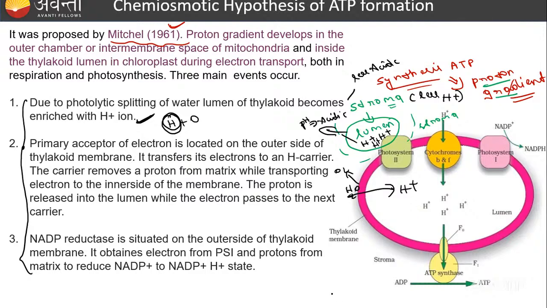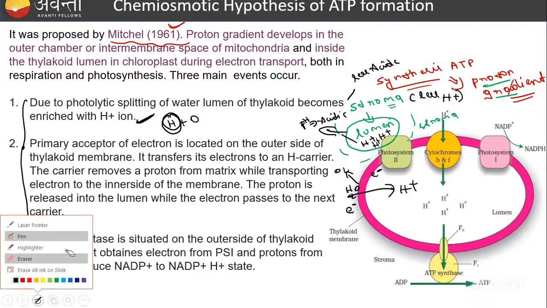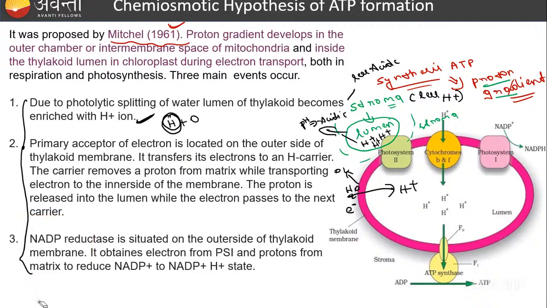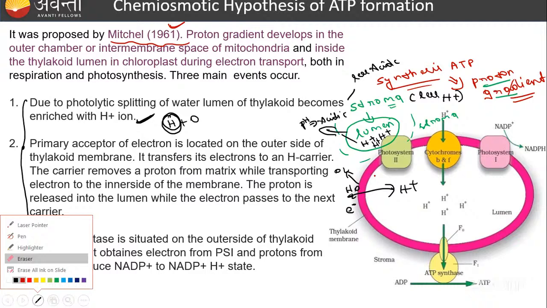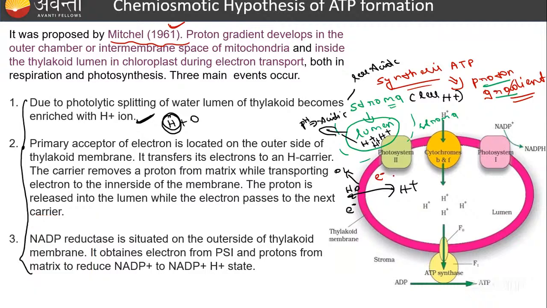Then coming to the second step, the electrons are also released during the photolysis of the water. Now, these electrons are transported from the photosystem 2, right, guys? Then it will go to the primary acceptor.